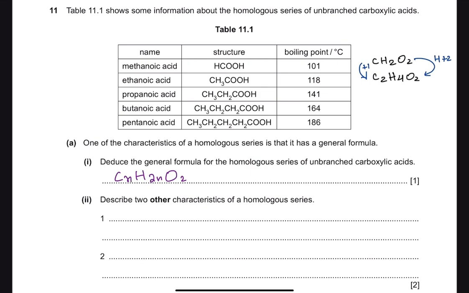Describe 2 other characteristics of a homologous series. Number 1, they have similar chemical properties as they have the same functional group. All of them have the same functional group within the series.